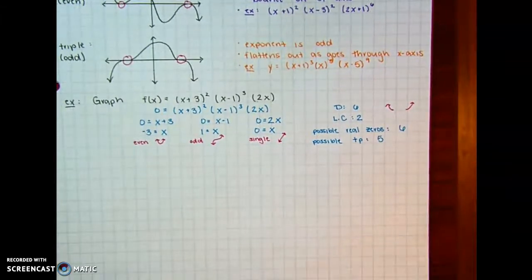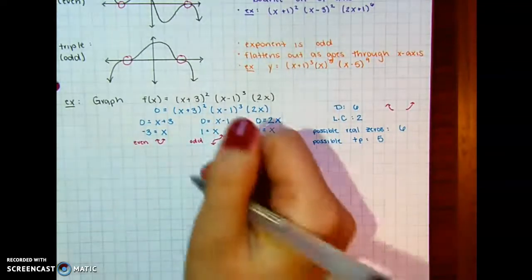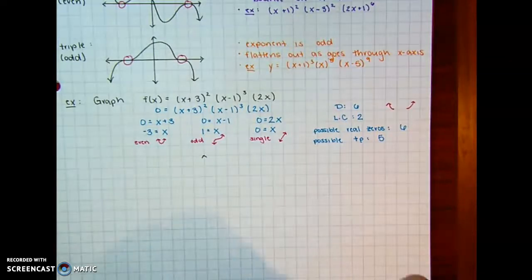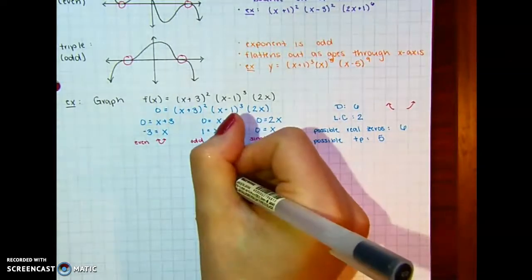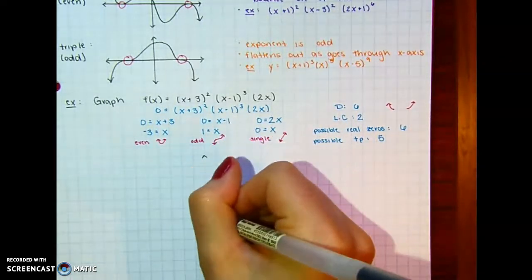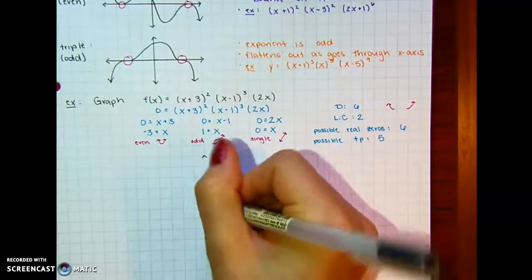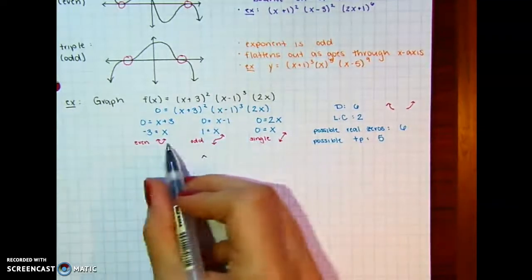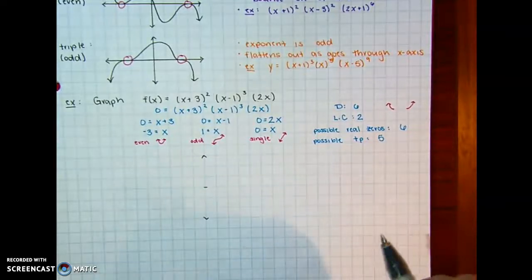Alright, so now let's make our coordinate plane. We're not going to care about the y values. So I'm not even going to label my scale. We don't care, but we do care about the x's. So that's the only part that's going to be accurate here.